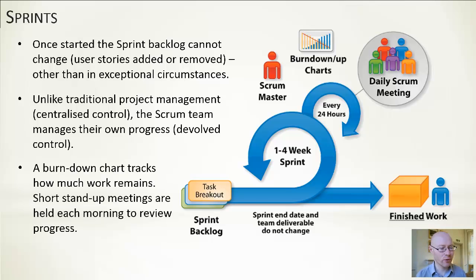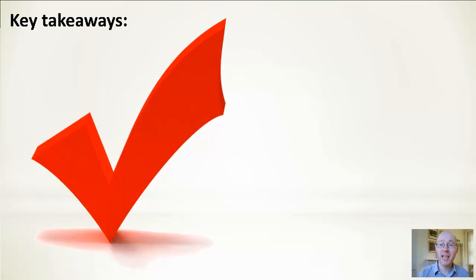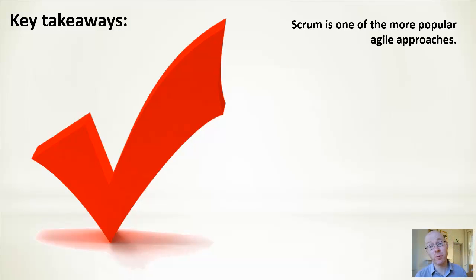So I mentioned that the burn down chart tracks how much work remains, or how much work you've done as a burn up chart. The stand-up meetings, again, are ways of helping the team remain together. Key takeaways: Scrum is one of the more popular Agile approaches. It's more Agile than Lean, but it's quite a good one to have a look at.